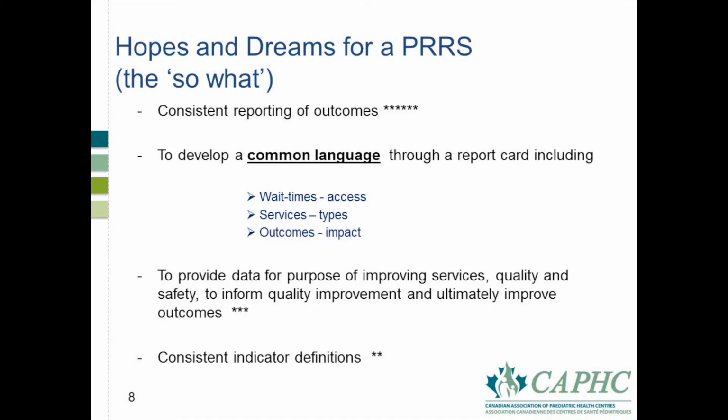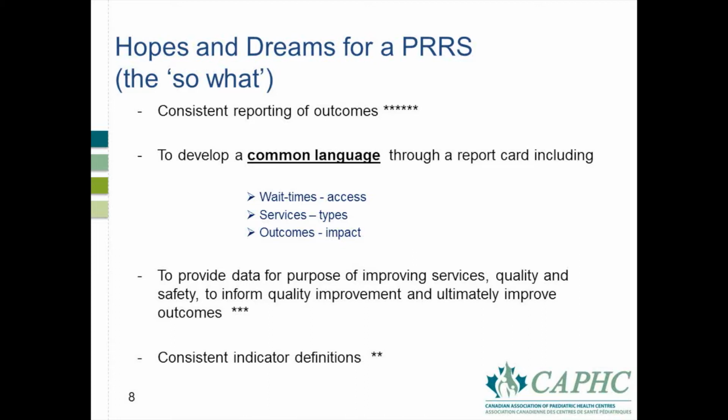Now, we had just been coming out of our first pilot, and we'll talk to you a little bit more about that in a bit. But one of the most important things that came out of, one of the most consistent responses was that they wanted a consistent reporting of outcomes. They wanted consistent indicator definitions.